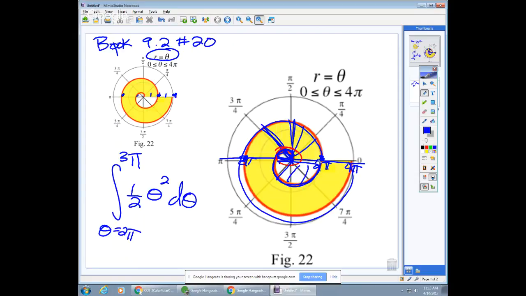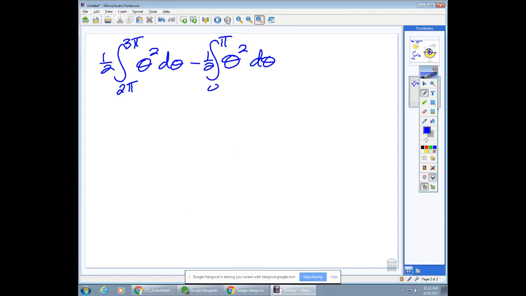Okay, let's do it. Modifying what we have here, I think now we can go from 2 pi all the way up to 4 pi, and then subtract off from 0 to 2 pi. That's interesting. Let's see how this works out. So there is a 1/2 everywhere, right?